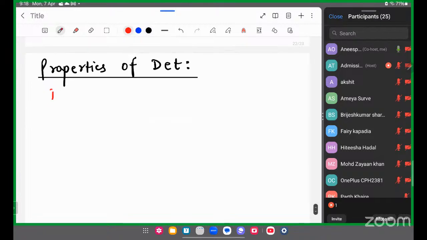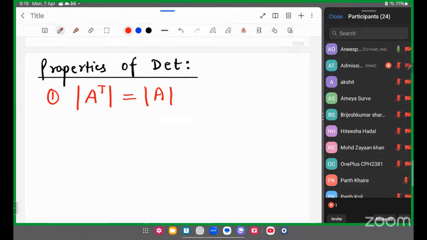First property is, if we have a square matrix A and we take its transpose and then we take its determinant, the determinant of the transpose of a square matrix will be the same as the determinant of the matrix, which means determinant of A transpose is equal to determinant of A.